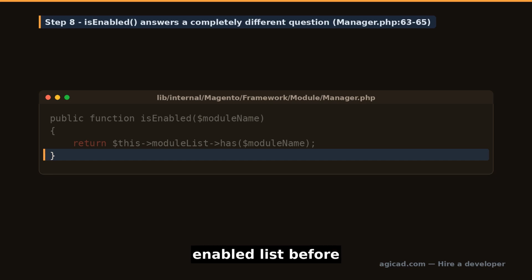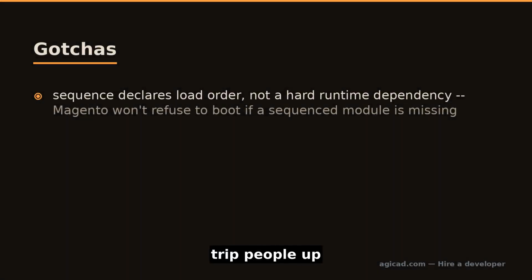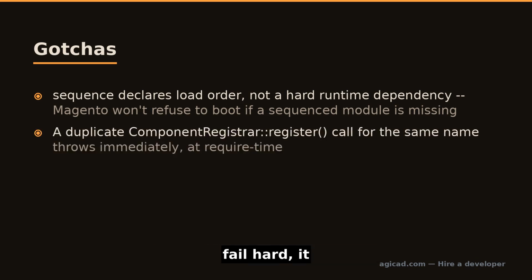A few things trip people up here. Sequence controls load order, not whether Magento refuses to start. If a module lists a sequence dependency on a module that isn't installed at all, Magento doesn't necessarily fail hard, it just sorts around what actually exists. A duplicate ComponentRegistrar register call for a name that's already taken throws immediately, at the moment that second registration.php gets required, which is exactly why copy-pasting a module without renaming it breaks the whole install instantly.